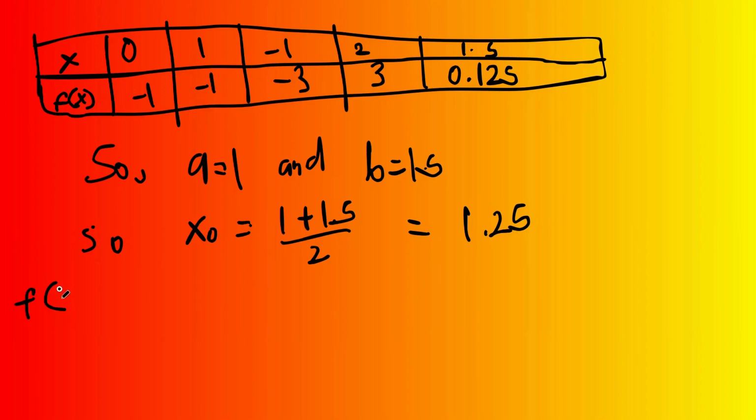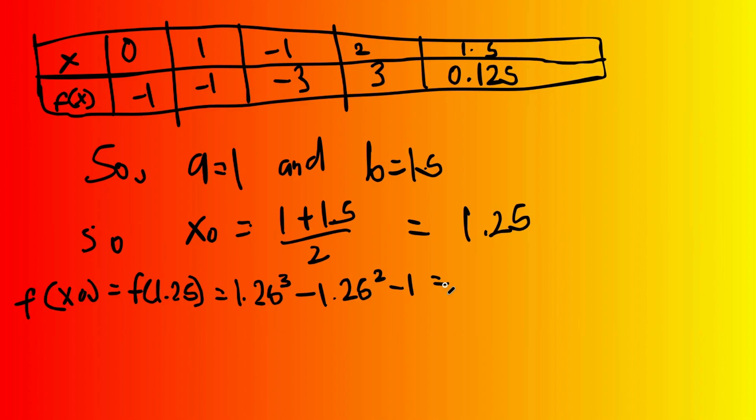That means f(1.25) equals 1.25 cubed minus 1.25 squared minus 1. The answer is negative 0.609375. So that's the answer.